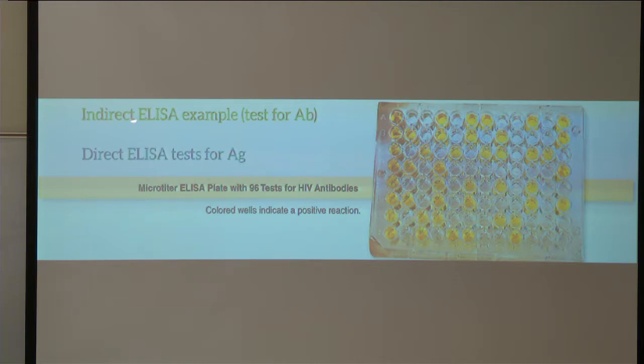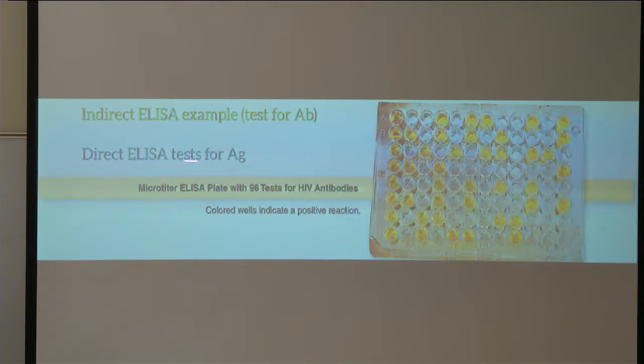This is an indirect ELISA. There's indirect and there's direct. Indirect, you're looking for the antibody. We are going to run an indirect ELISA. More common. Indirect ELISA looks for the antibody in the patient's serum. A direct ELISA, you're looking for the actual antigen, the foreign entity.